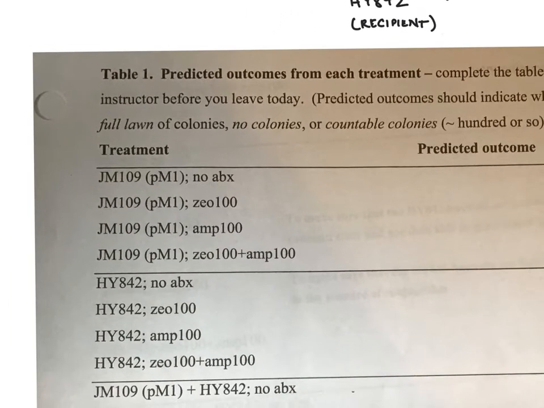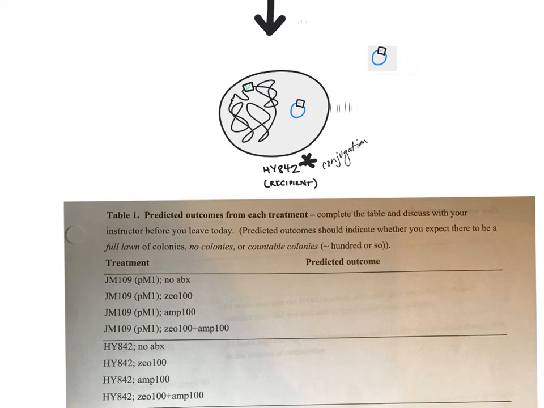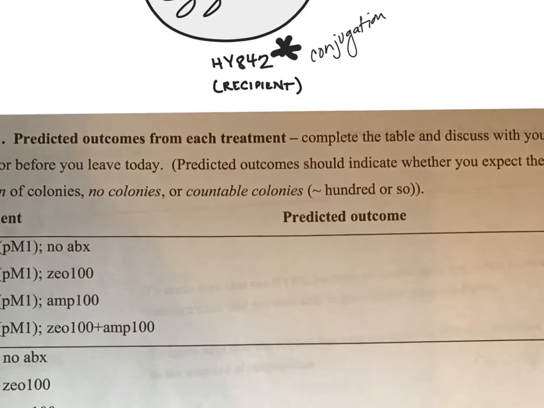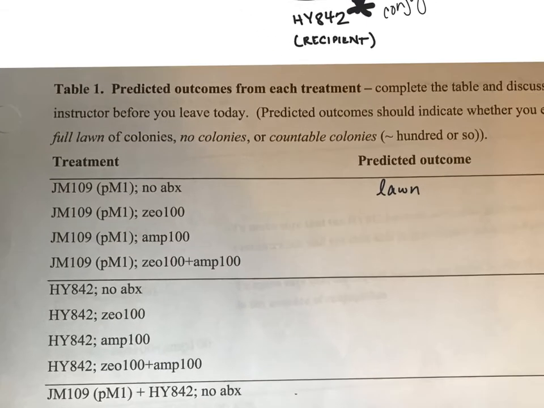So if we have the JM109 and there's no antibiotic selection, and we take a certain amount of that bacteria and put it on a plate with no selection, then what we should see here is a lawn of bacteria. There's nothing to kill any bacteria, so they're all going to thrive and do well.